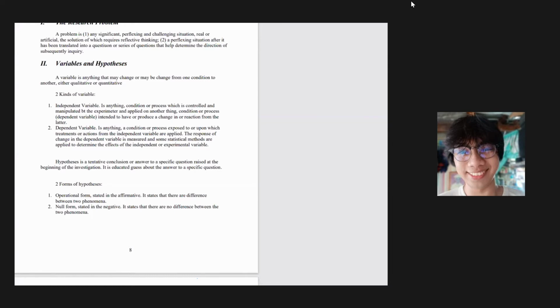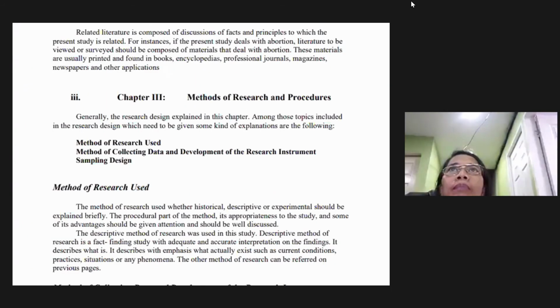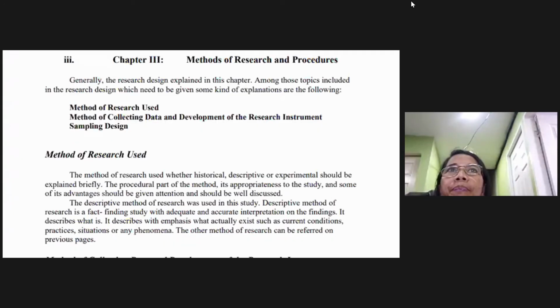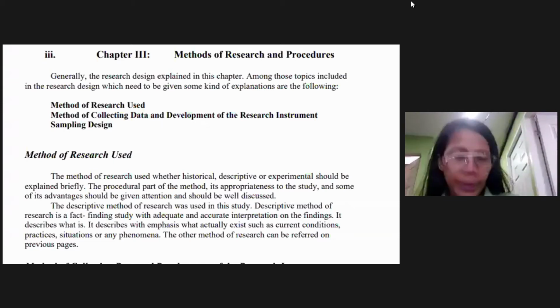Okay, a little bit discussion on method of research and procedures on the chapter 3.